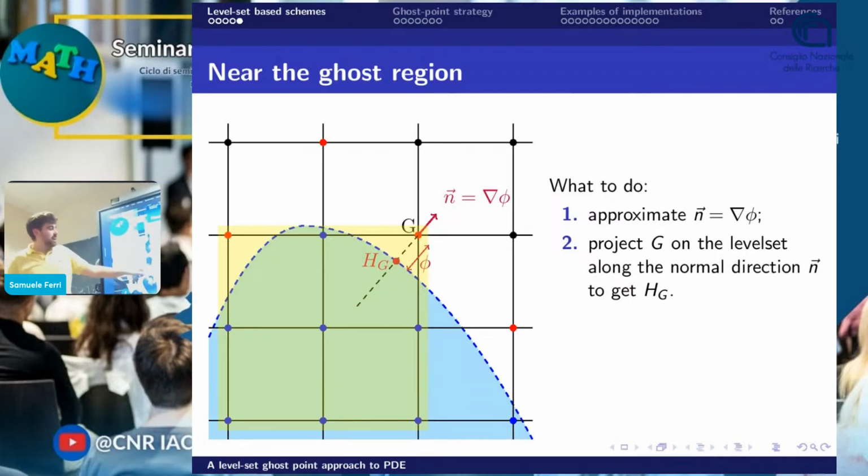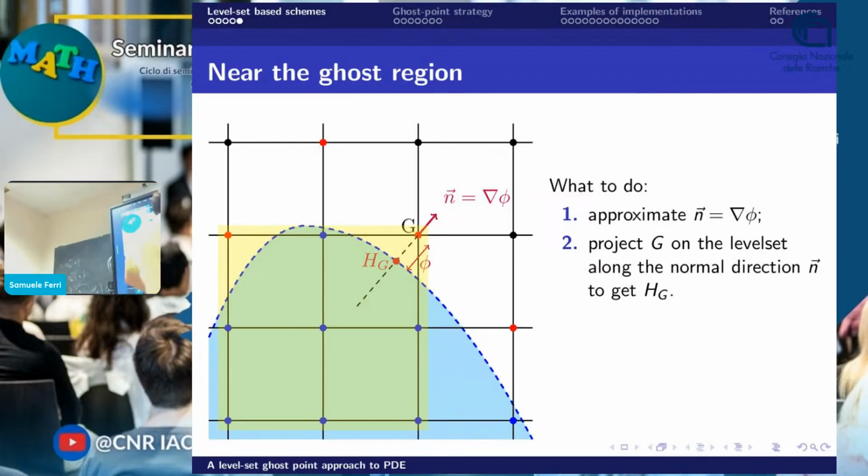The blue points are the internal ones, the black points are the external ones, and the red ones are the ghost points. So what is the definition of a ghost point? They live outside, but they have in their neighborhood, only along the dimensions of the stencil, at least one internal point.